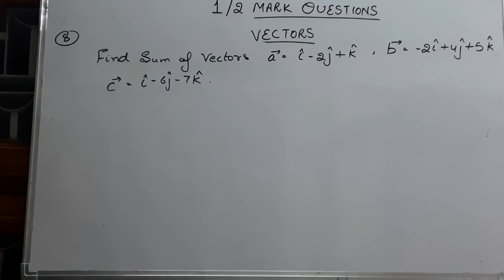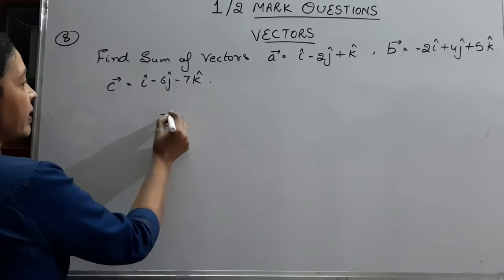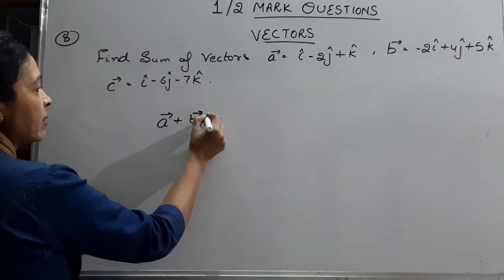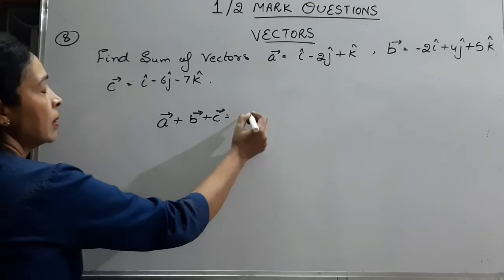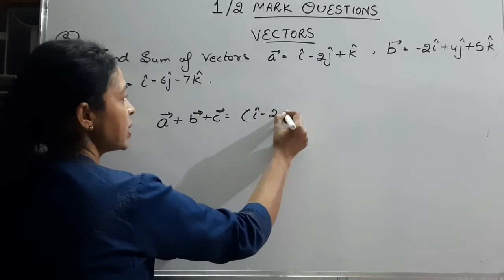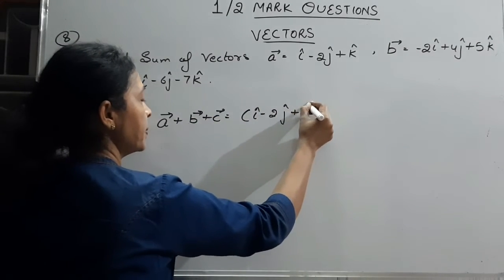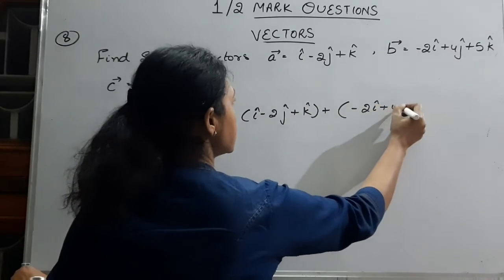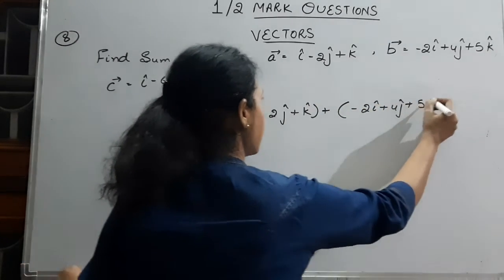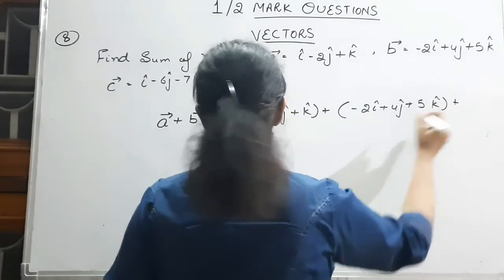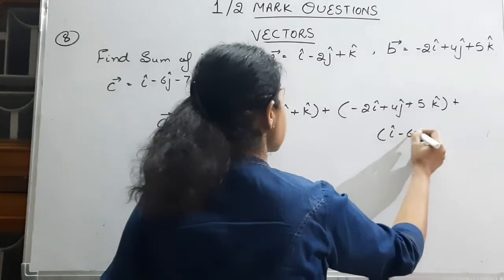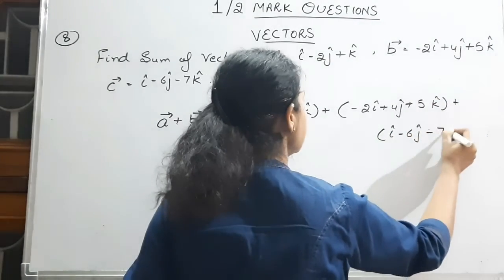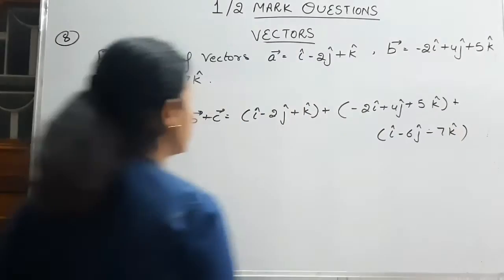Find the sum of vectors A, B and C. Vector A plus vector B plus vector C. i cap minus 2j cap plus k cap, plus minus 2i cap plus 4j cap plus 5k cap, plus i cap minus 6j cap minus 7k cap.